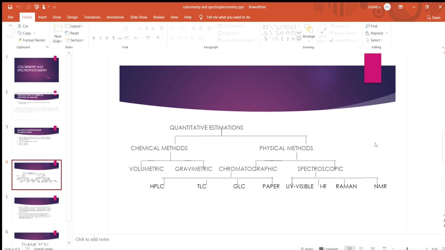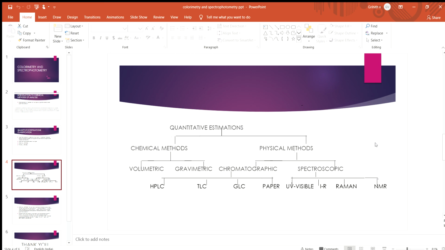From these different types of spectroscopies, that is UV-visible, IR, NMR, we will come to know the different qualities of the compound. As I told you, the spectroscopic methods of analysis are completely absorption spectroscopy.